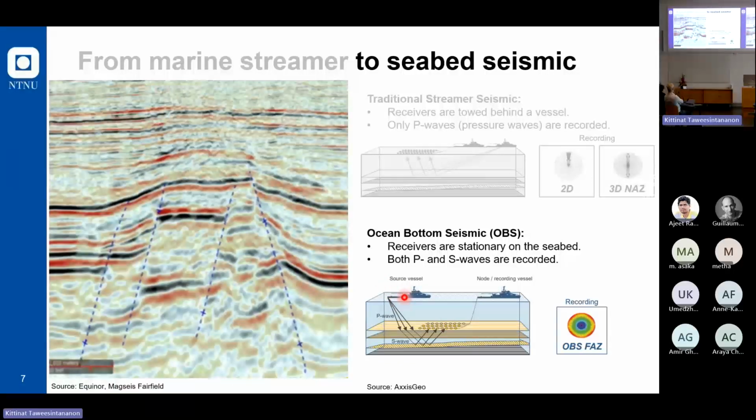So now there is an opportunity to acquire wide or full azimuth seismic reflection data. They record both P and S waves, P for pressure and S for shear waves. And then you can get a better seismic image below gas bodies, something like that.